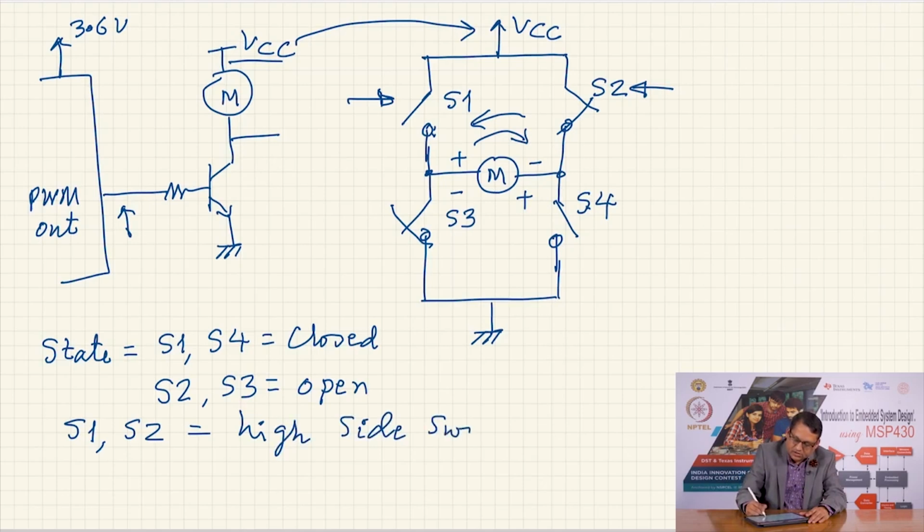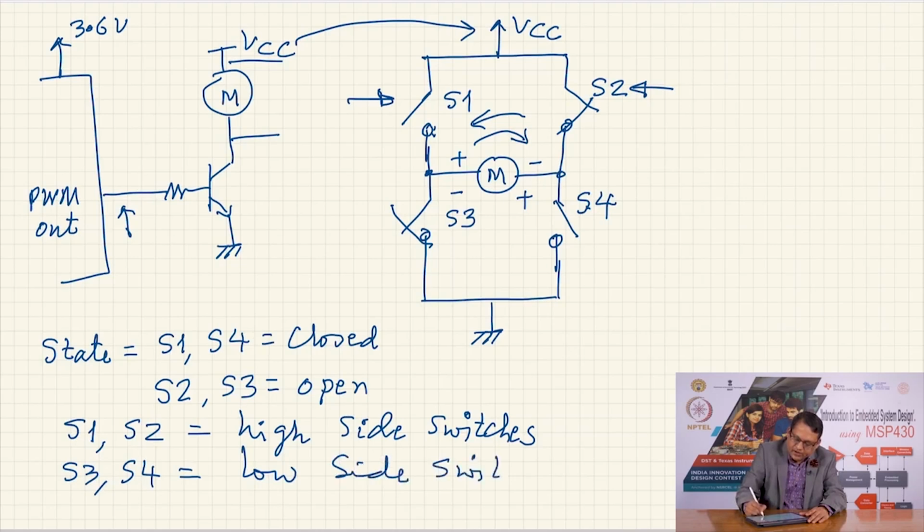And S3 and S4 are connected towards the ground side, so these are low side switches. We have already seen that when you need a high side switch, you use a PNP transistor. When you need a low side switch, you use an NPN transistor.